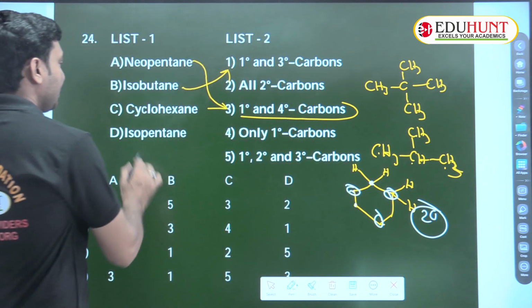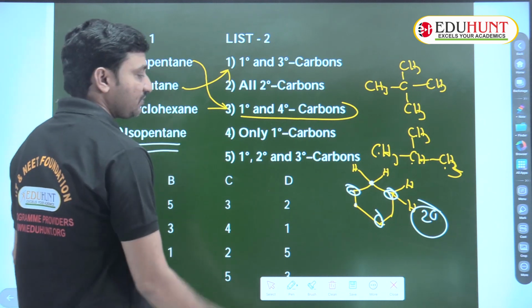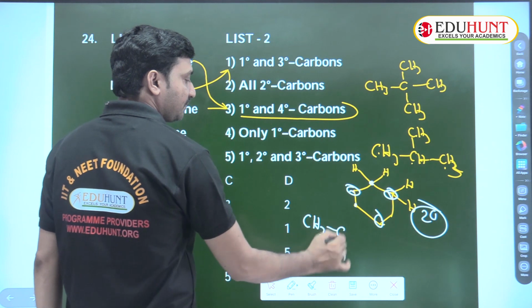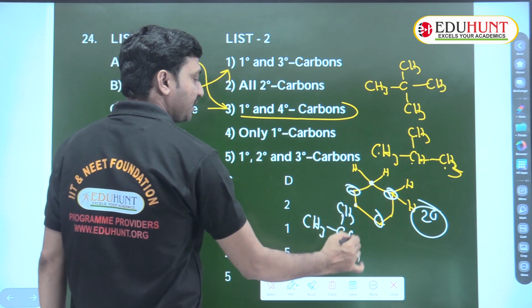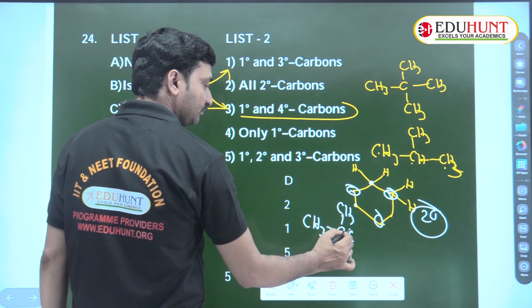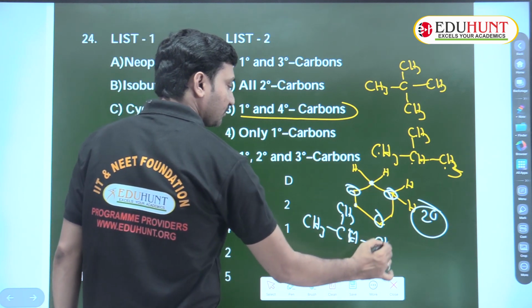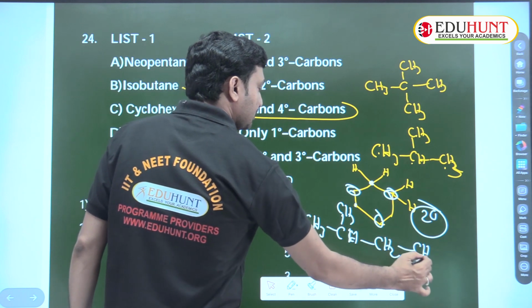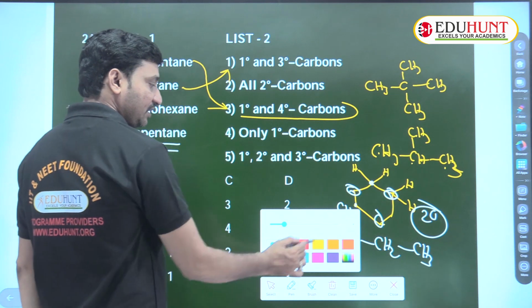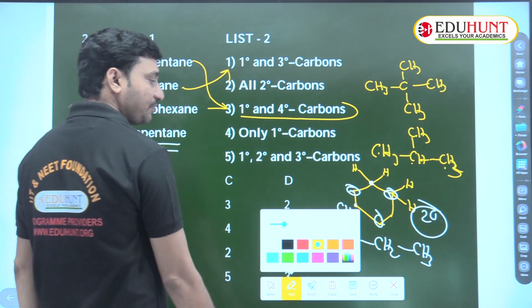Next, isopentane. What is the structure of isopentane? This is the structure of isopentane, right? Here, what types of carbon atoms are in isopentane?